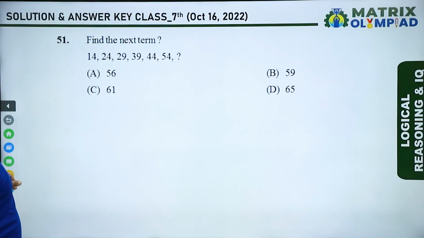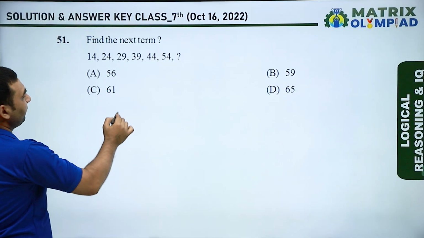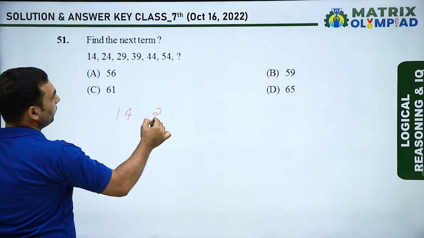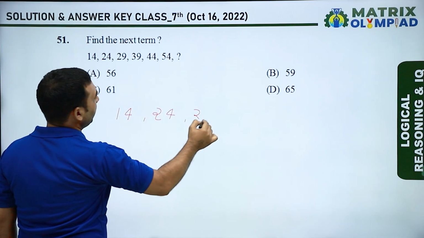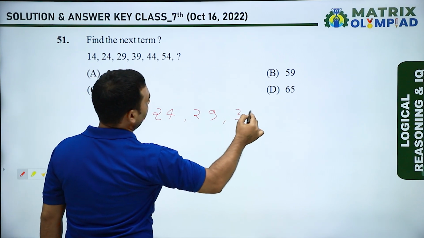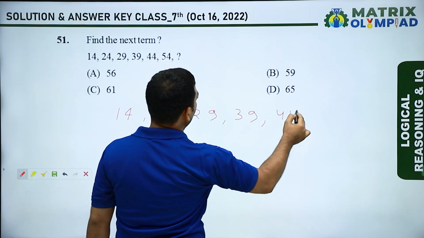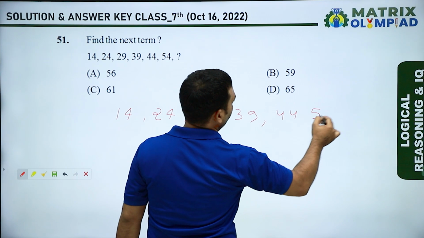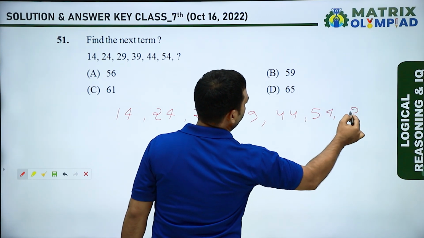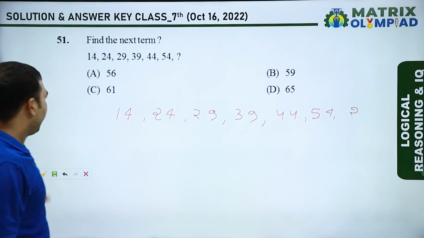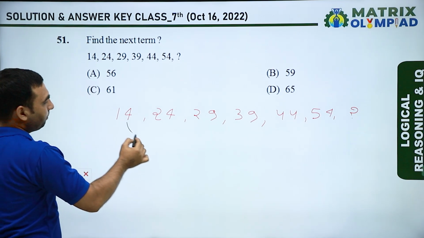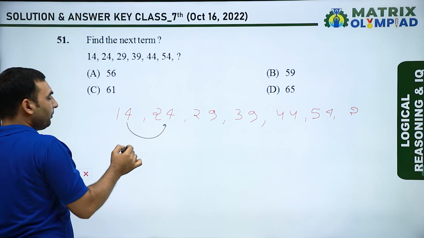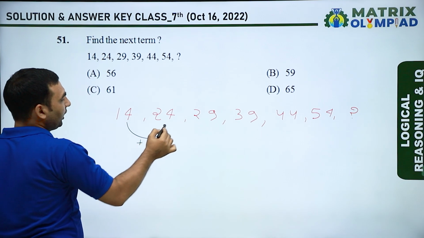Question first belongs to number series. As you see, 14, 24, 29, 39, 44, 54. What is your next term? As you see, we add 10 in 14, 14 plus 10.